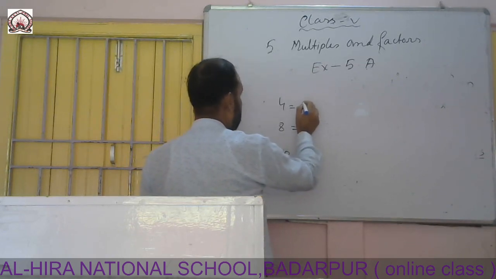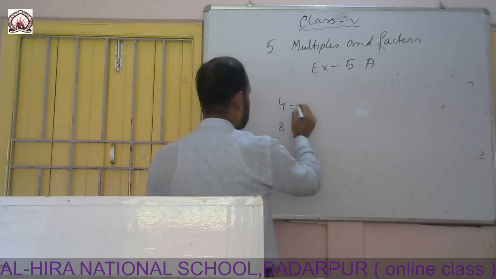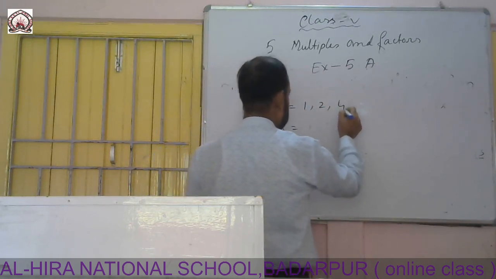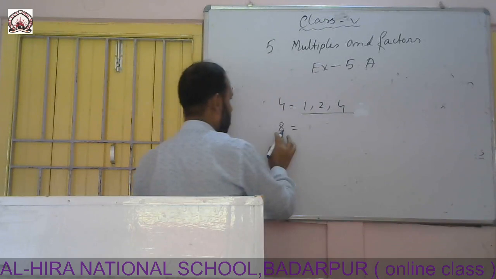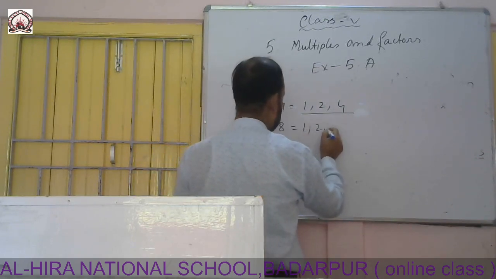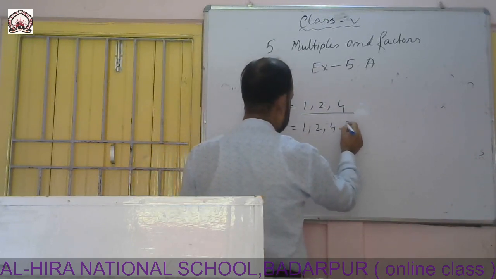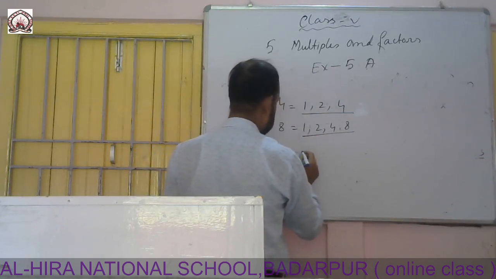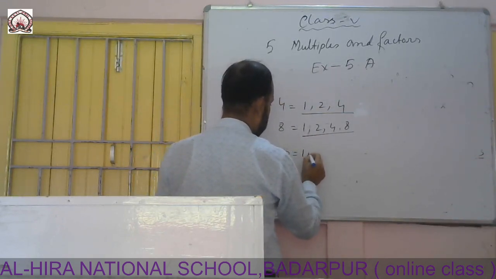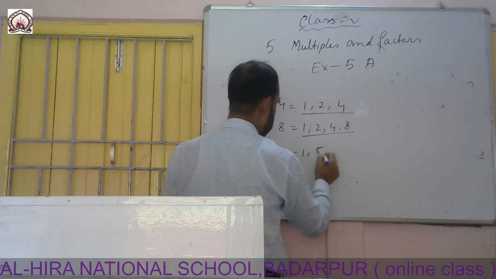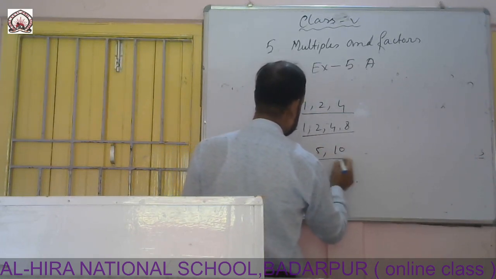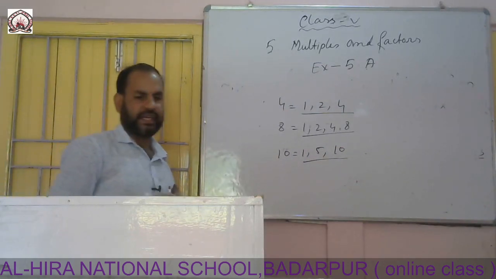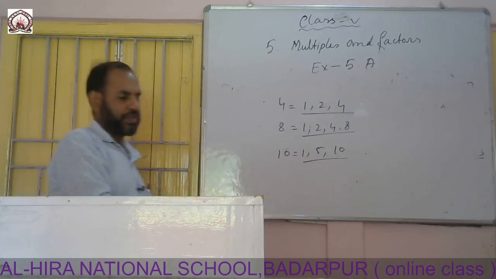The factors of 4 are 1, 2, 4. 3 factors are there. Factors of 8 are 1, 2, 4, 8. 4 factors are there. And factors of 10, 1, 5, 10. 3 factors are there. So 4, 8 and 10 are composite numbers.